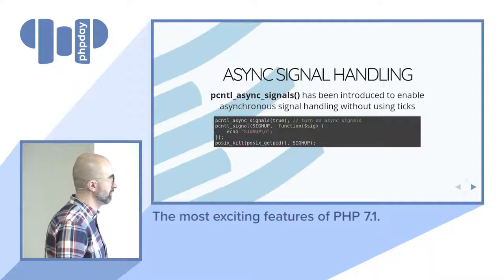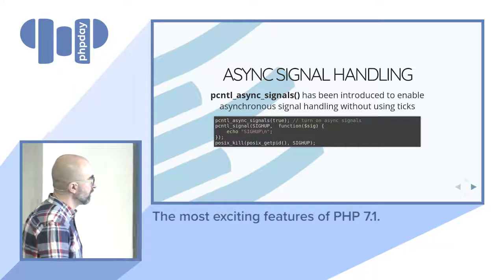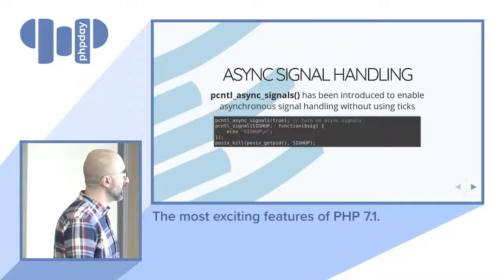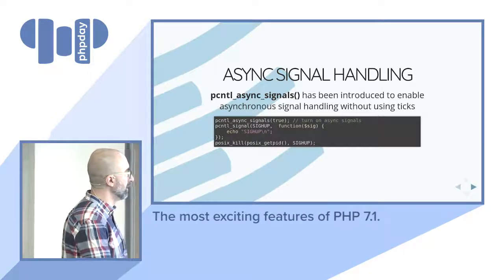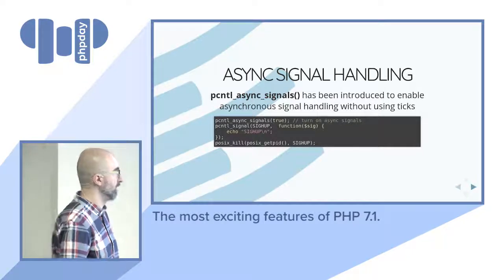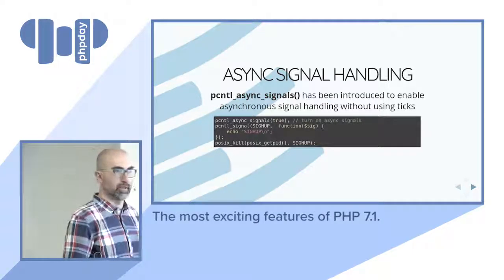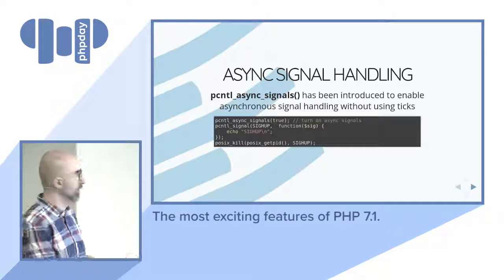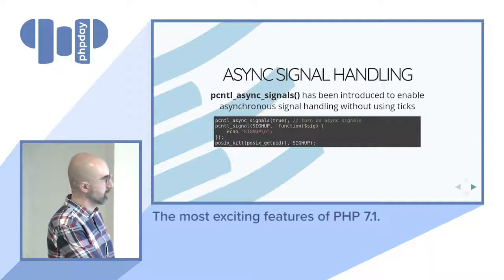This is a very simple example. You have to pass true to the async signals, and basically you can do stuff like this. For instance, I'm writing here a handler for SIGHUP with a function. So every time your script gets SIGHUP events, it will execute this code.